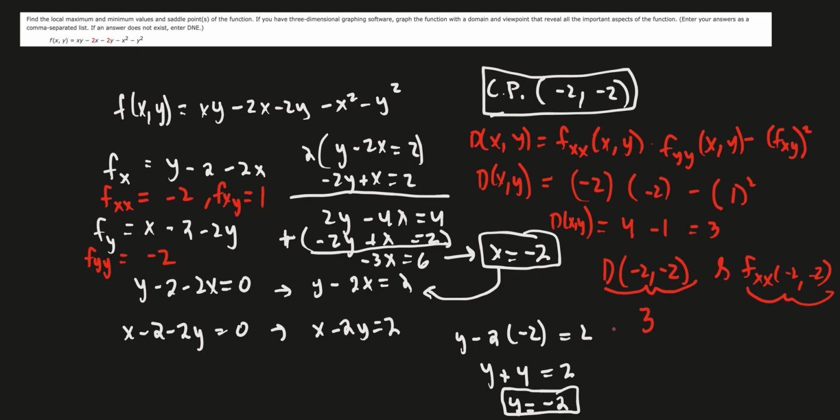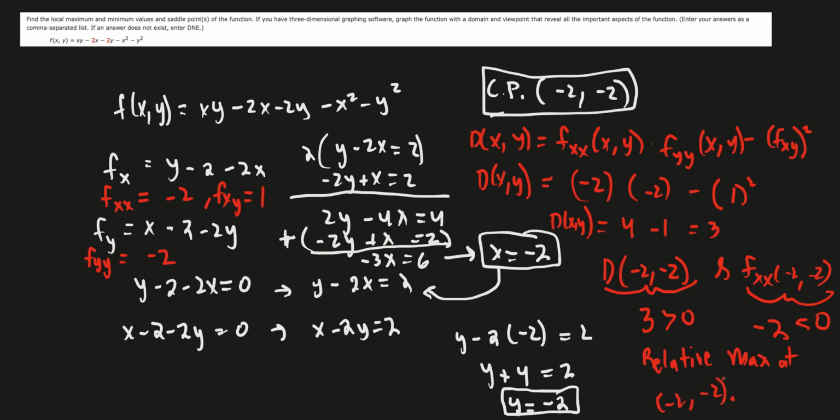This one we don't know, we have to figure it out. Well, it's also a constant. As you can see here, it's also negative 2, regardless of what we plug in. And since D is greater than 0, and f xx is less than 0, that immediately tells us that this is going to be a relative max. So we now know that we have a relative max at the critical point of negative 2, negative 2.